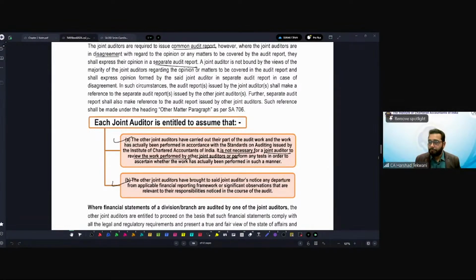Sir, if that other joint auditor is our relative or any related party to us, then can we continue that engagement? See, if that other joint auditor is a related party, can you explain which related party you are referring to, a network firm part of? Maybe a network firm or my friend circle, a person whom I know.